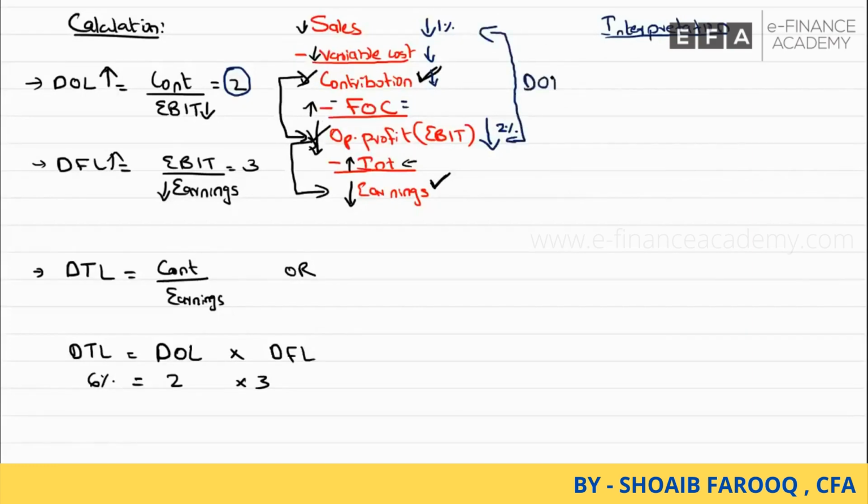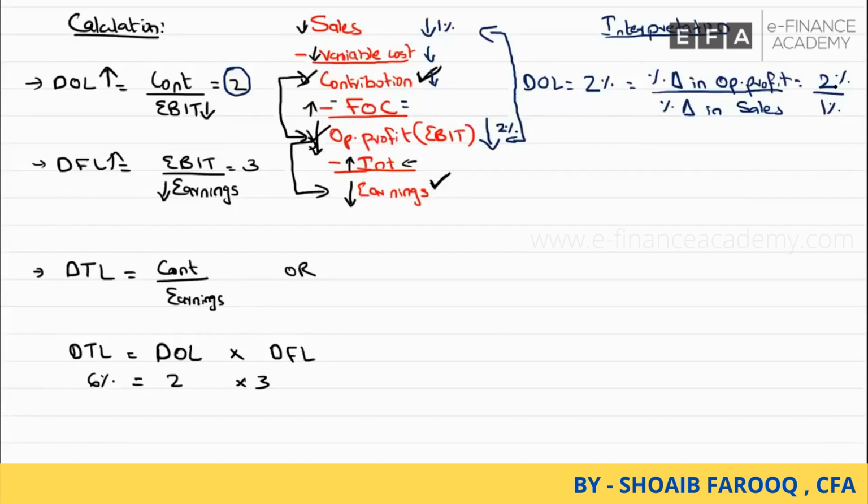So we said the degree of operating leverage is 2. How do we interpret this? We interpret this as percentage change in operating profit, which is EBIT, divided by percentage change in sales. So what we are saying is, if sales change by 1%, your operating profit is twice as sensitive.